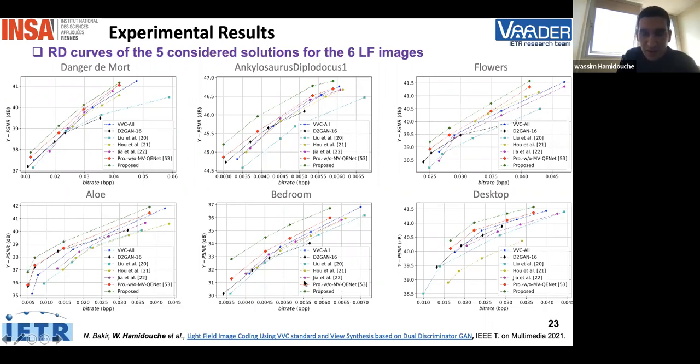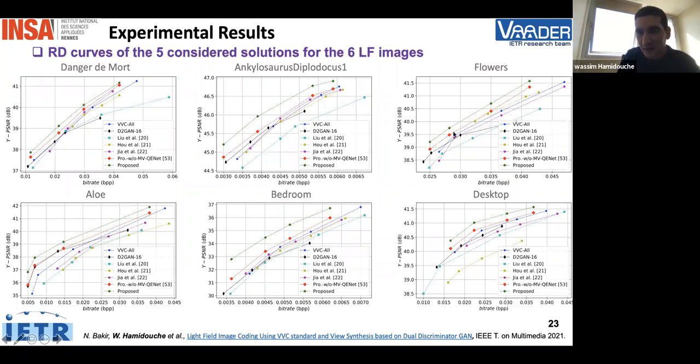We can also compare it to the solution represented here in red, which is exactly the same as our solution but without this quality enhancement block. We see here the gap in improving the quality between the red and the green color.